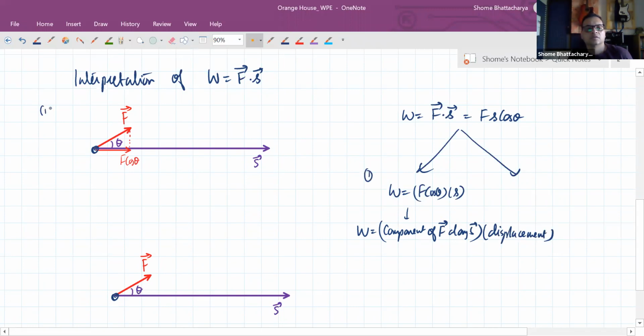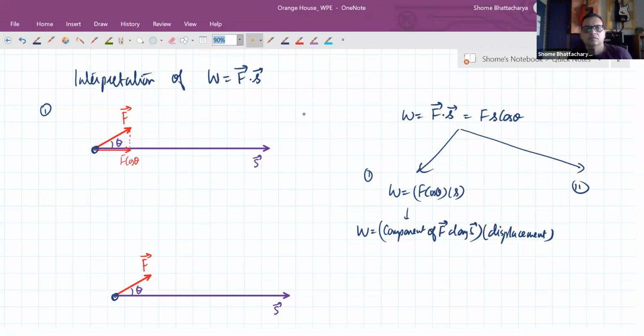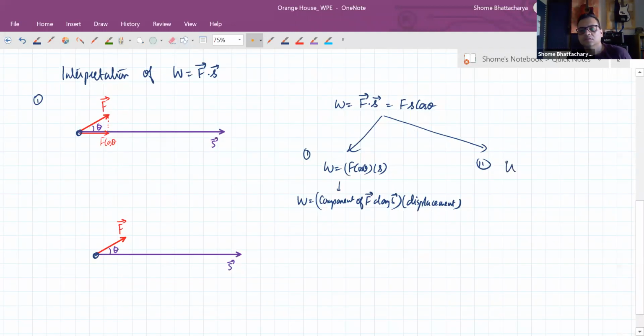The second way of interpreting the same thing is that you can say this is force into S cos theta. Now what is S cos theta?